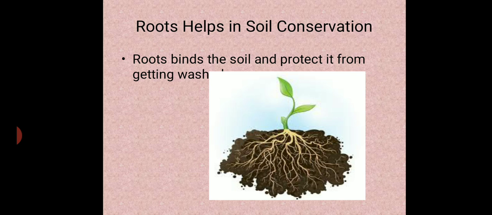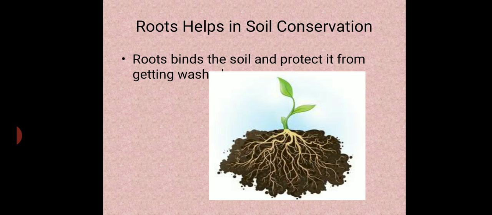One of the most important functions of the roots is soil conservation. See, if there are no plants and the rain comes on the soil, it is possible that the soil can be moved away or washed away with the help of rain. But if there are plants, as seen in the picture, the roots are penetrating into the soil and these roots are holding the soil.